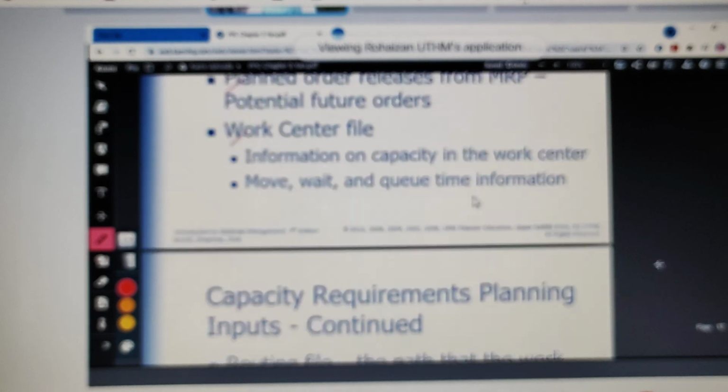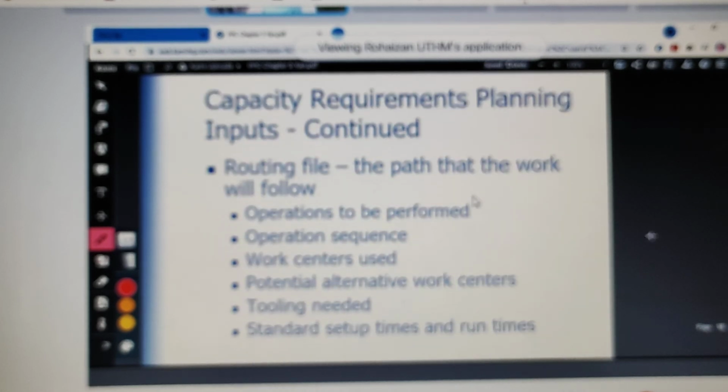Then the routing file: the path that the work follows, which operation comes first, which work center, and the standard time of the setup and the run time.